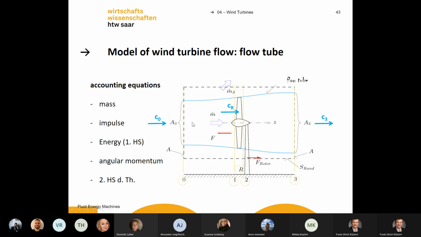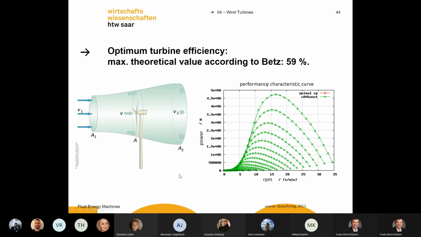Okay, let's skip this and come to the end. When you simulate the windmill, you get so-called performance curves. You have a diagram where you plot the power over the rotation number, and here you can get complicated performance curves.